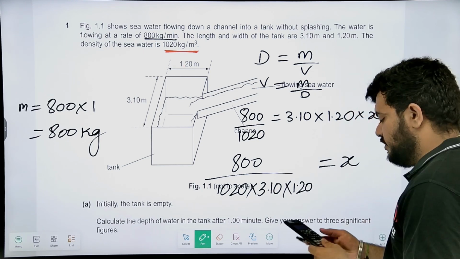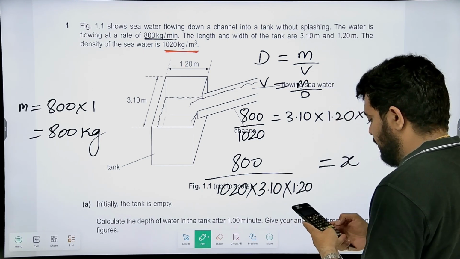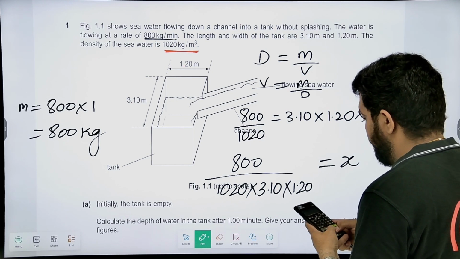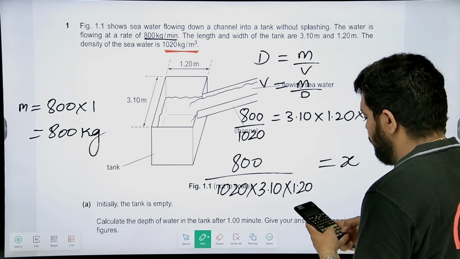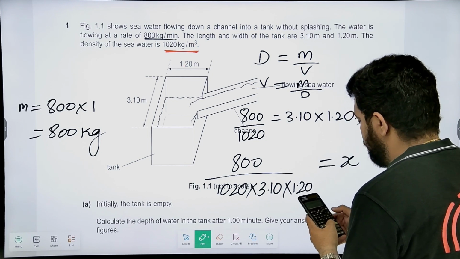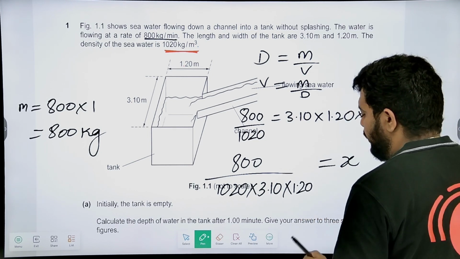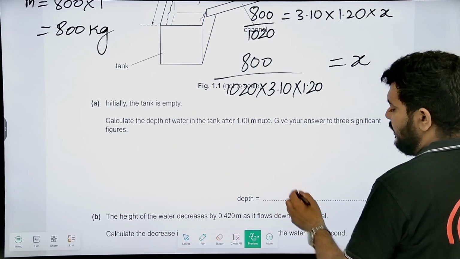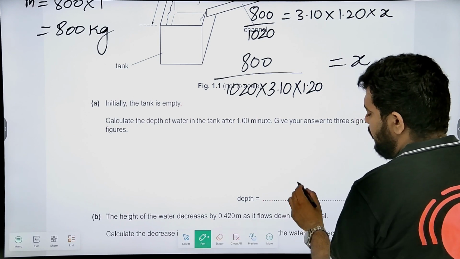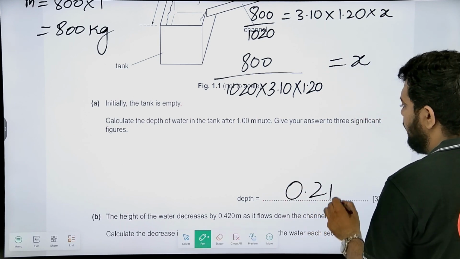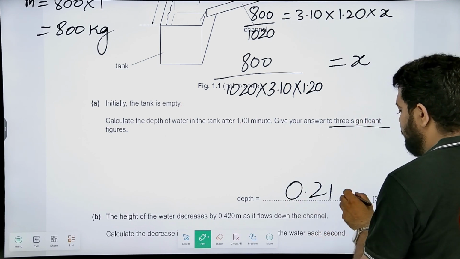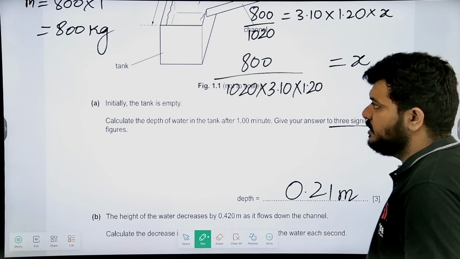Let's quickly do this in our calculator. So we have 800 divided by 1020 multiplied by 3.10 multiplied by 1.20, which we find as 0.21 meter. Okay, the depth is 0.21. They have said three significant figures, so 0.21 meter, right? Don't forget the units. That is your answer.